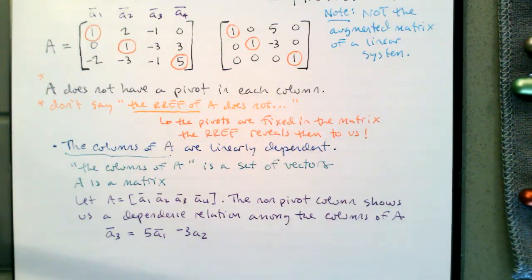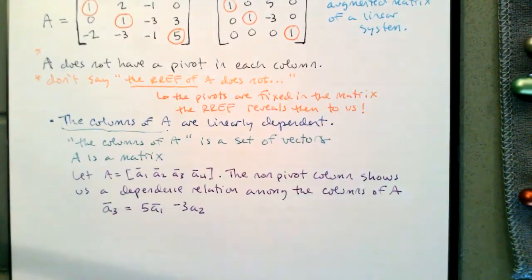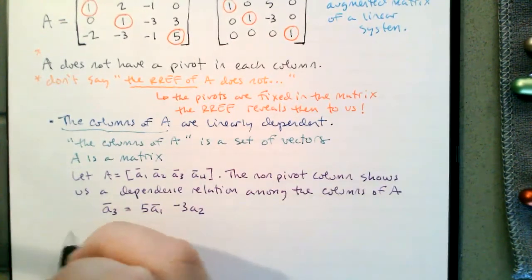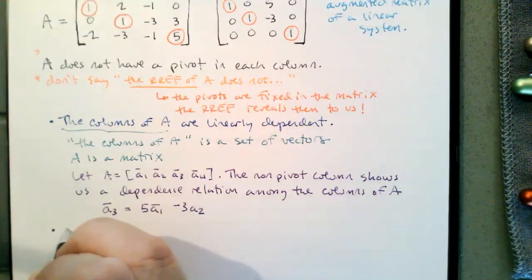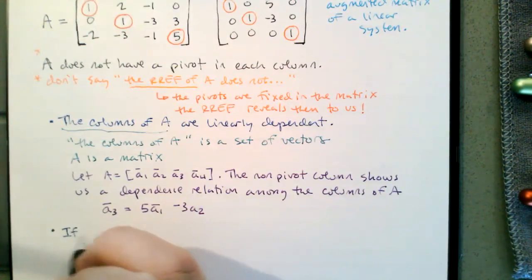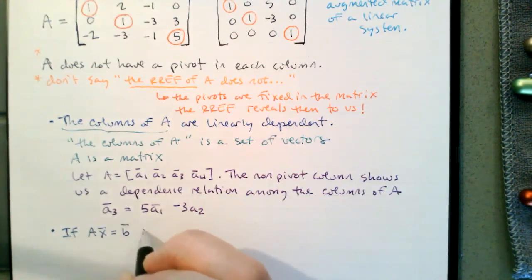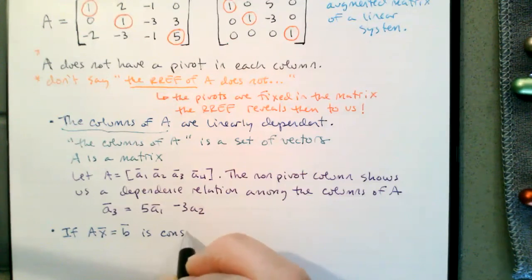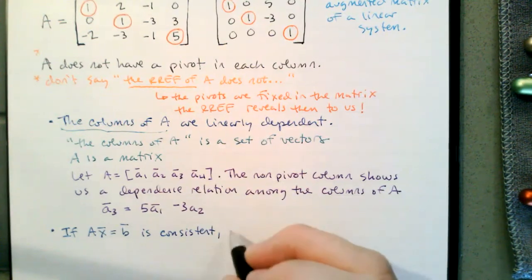So what this means is, if the columns of a matrix are linearly dependent, and if the matrix equation AX equals B is consistent, then there are infinitely many solutions.